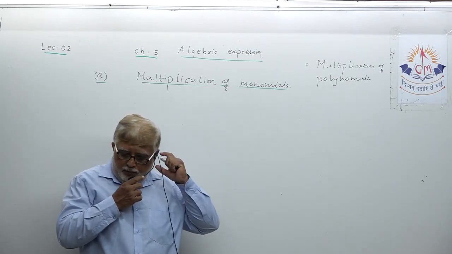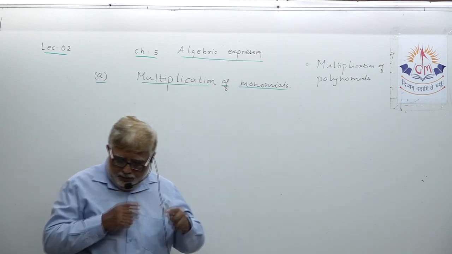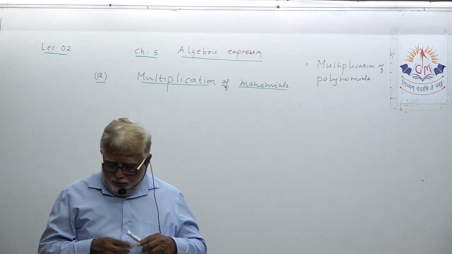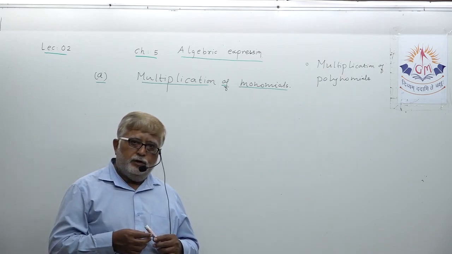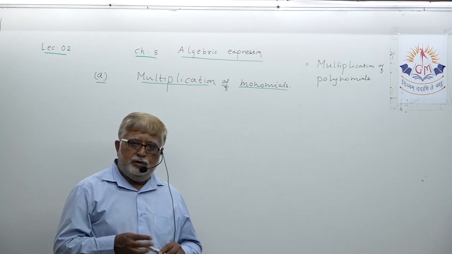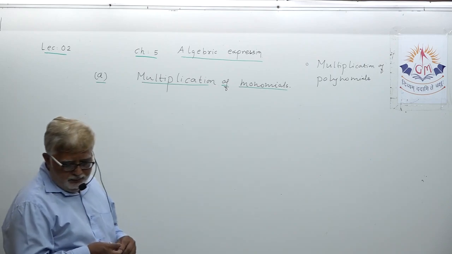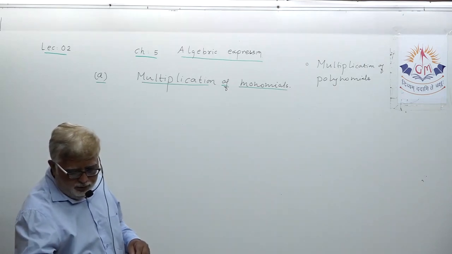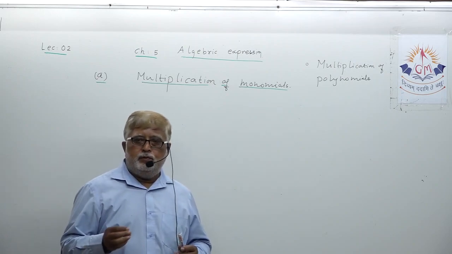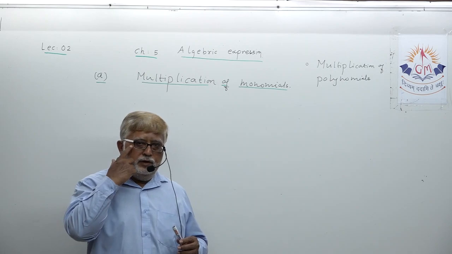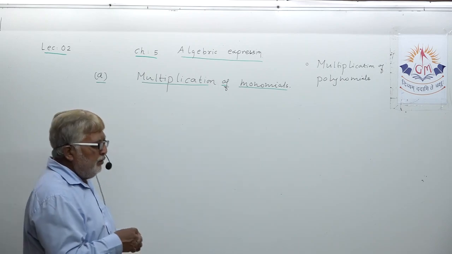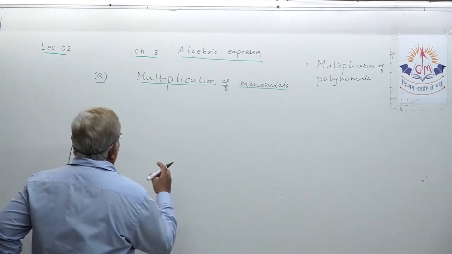So there should be no doubt in your mind that in question number 2 they have used the words multiply the terms. That means multiply the monomials. Then in question number 3 also they have simply given the instruction multiply. Nothing else has been given. You can understand it.